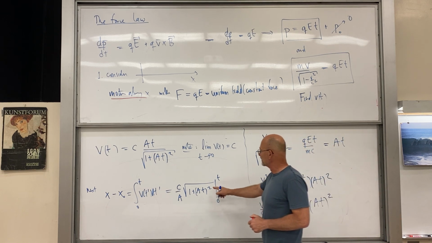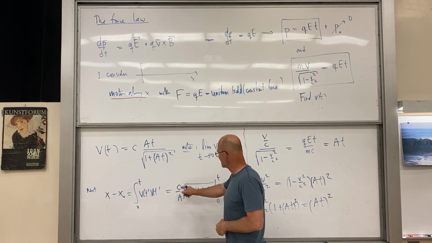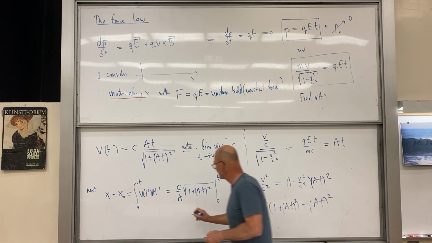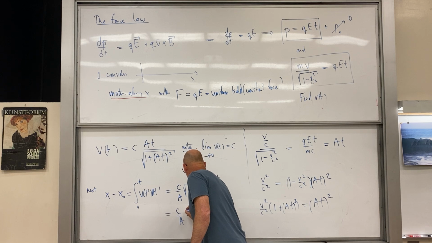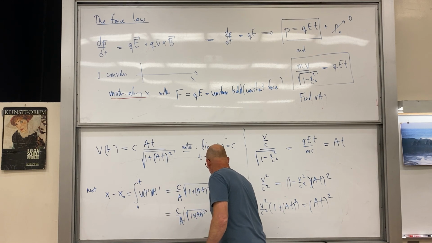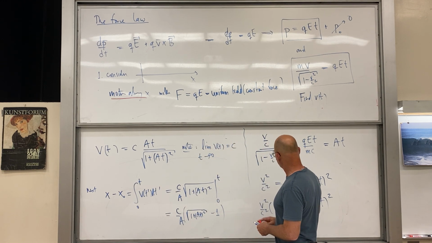So yeah, let's see, 1/2 times 2 a squared t. One of the a's cancels. So that is c over a times the square root of 1 plus (at) squared minus 1. And let's inspect that as well.